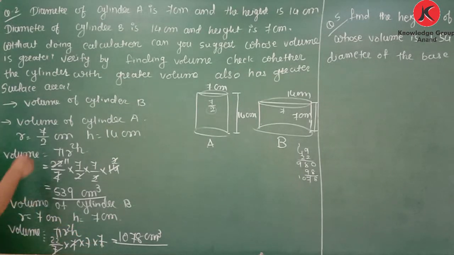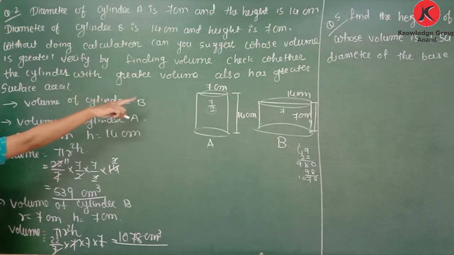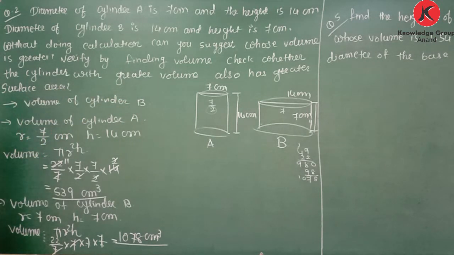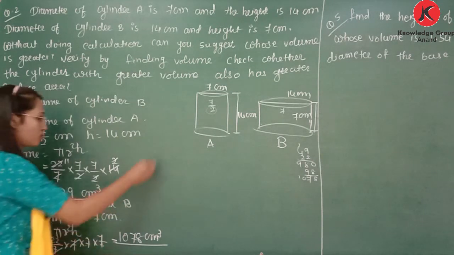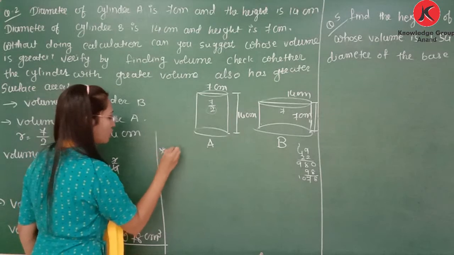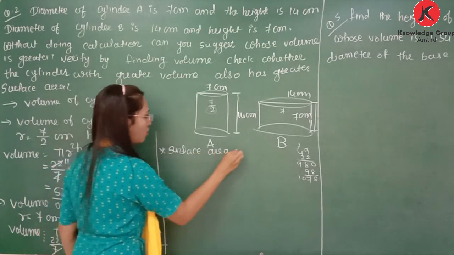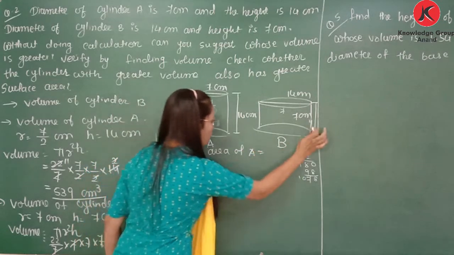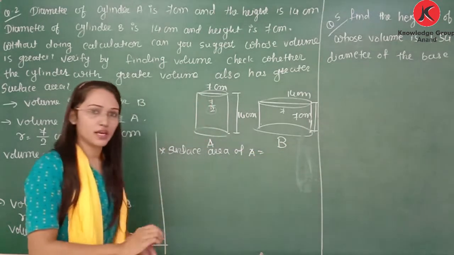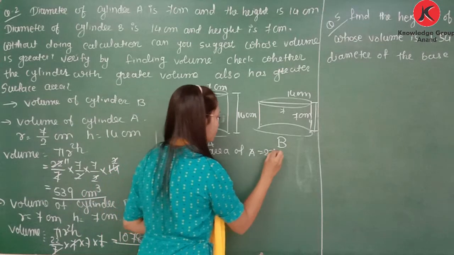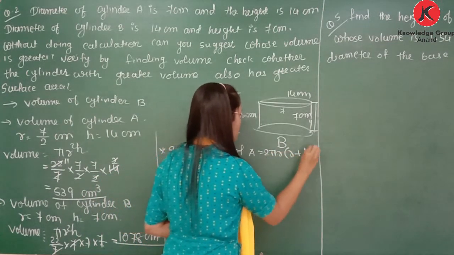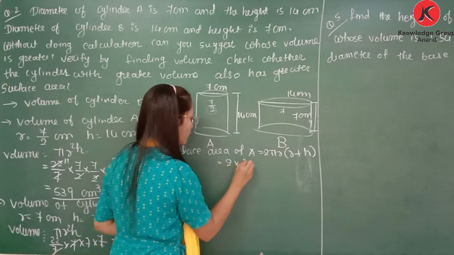Now next, check whether the cylinder with a greater volume has a greater surface area. Now we need to find the surface area. Whose surface area is small? So we can find the surface area of A. What is the equation for surface area? It is 2 pi r (r plus h). So 2 into 22 by 7.